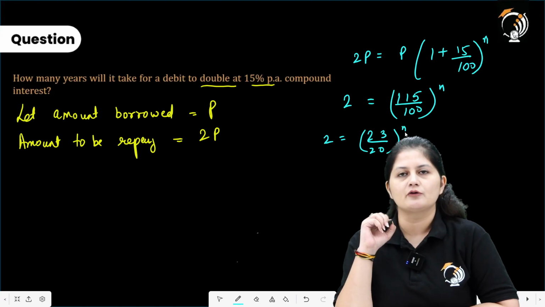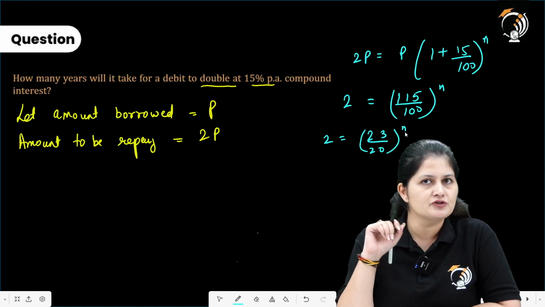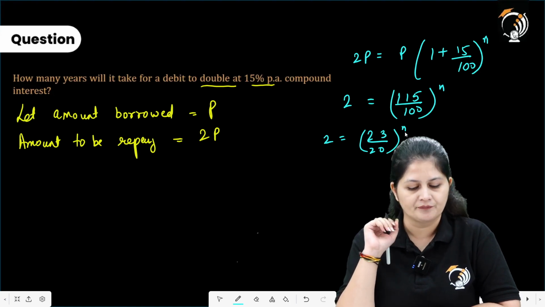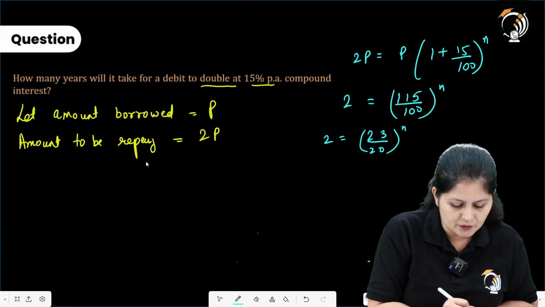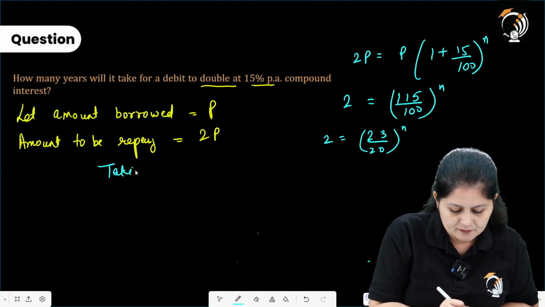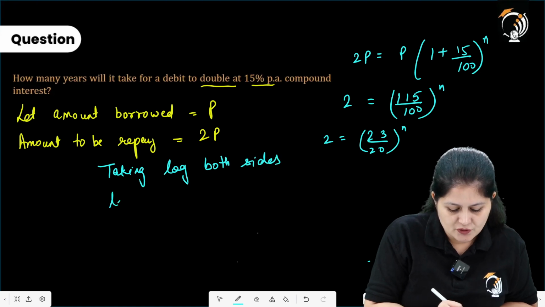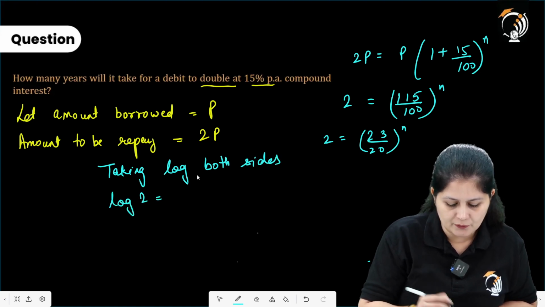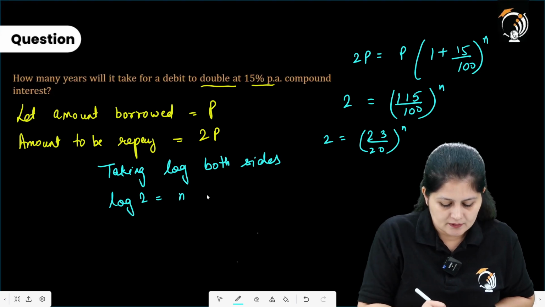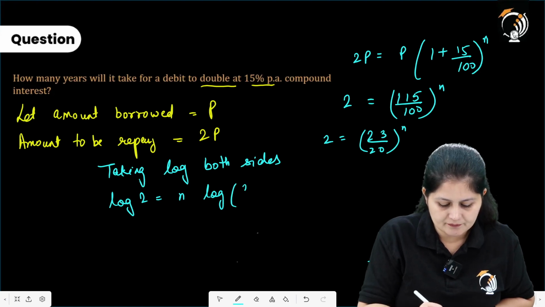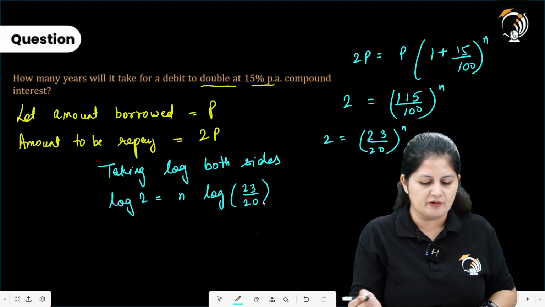Now we need to find out the value of n. How are we going to do it? In this case, we are going to use the log. So now taking log on both sides, it is going to be log 2 equals n log 23 over 20, which is nothing but 1.15 here.